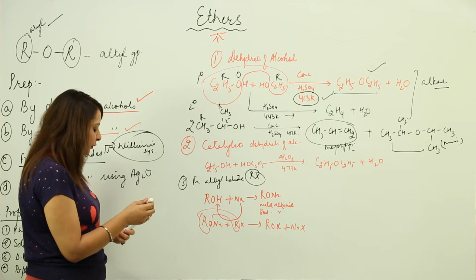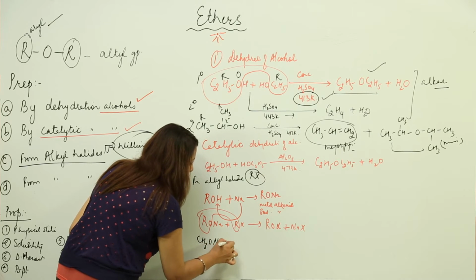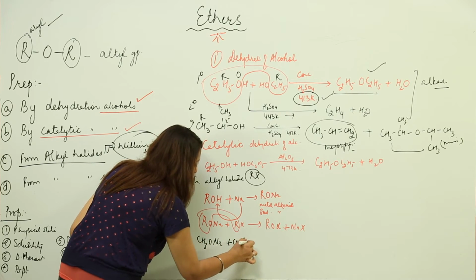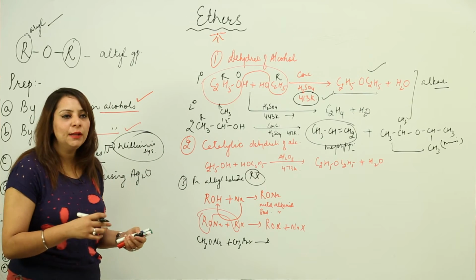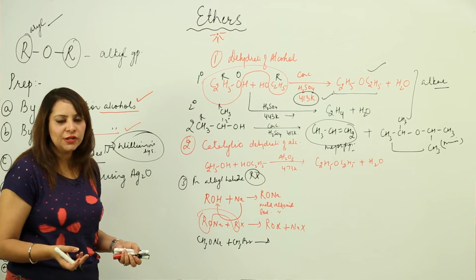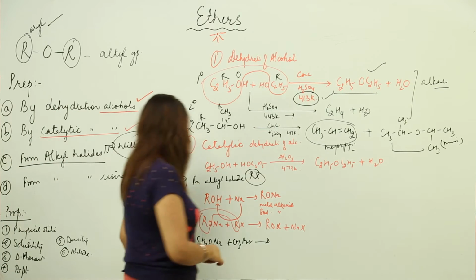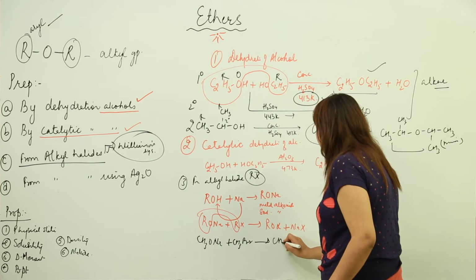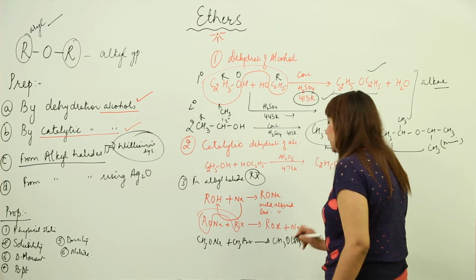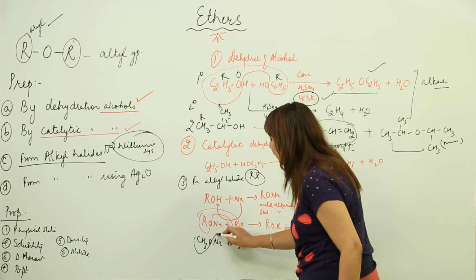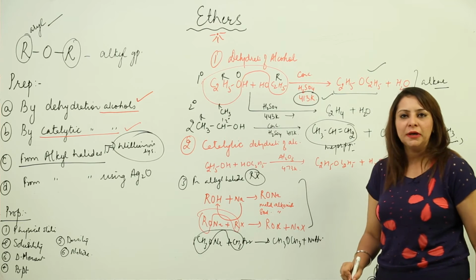Let us take an example: we have CH3ONa, and here I have CH3Br. In this reaction, methyl bromide and methyl iodide are generally preferred because the bond between them is comparatively weak. So it will form CH3OCH3, and along with that you will get NaBr. The reaction happens the same way I told you. This reaction is called Williamson synthesis.